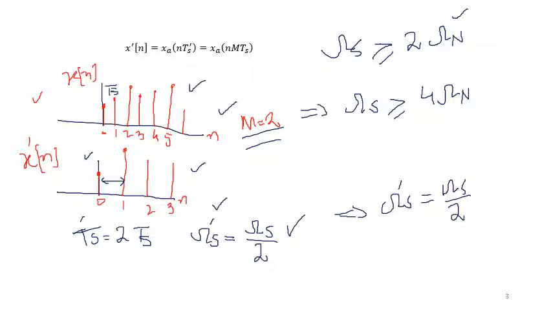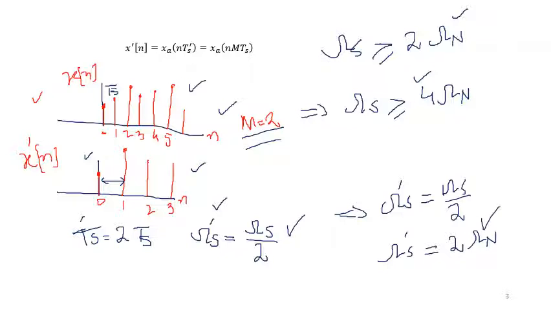So if we have a sampling frequency of 4 times omega m here, then omega prime s will be just equal to the minimum required frequency, that is 2 times omega m.